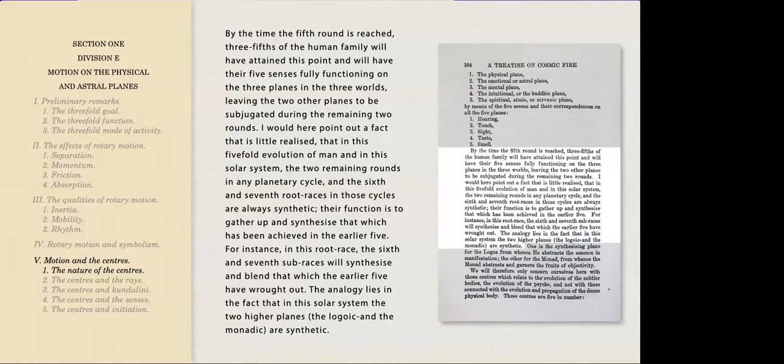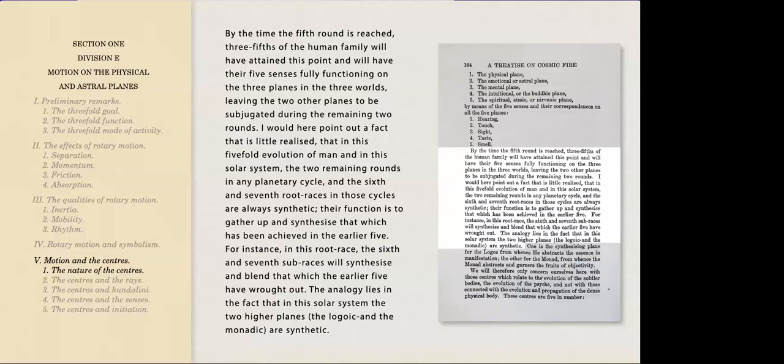Yes. By the time the 5th round is reached, 3/5 of the human family will have attained at this point and will have their 5 senses fully functioning on the 3 planes in the 3 worlds, leaving the 2 other planes to be subjugated during the remaining 2 rounds. I would here point out a fact that is little realized, that in this 5-fold evolution of man and in this solar system, the 2 remaining rounds in any planetary cycle and the 6th and 7th root races in those cycles are always synthetic.